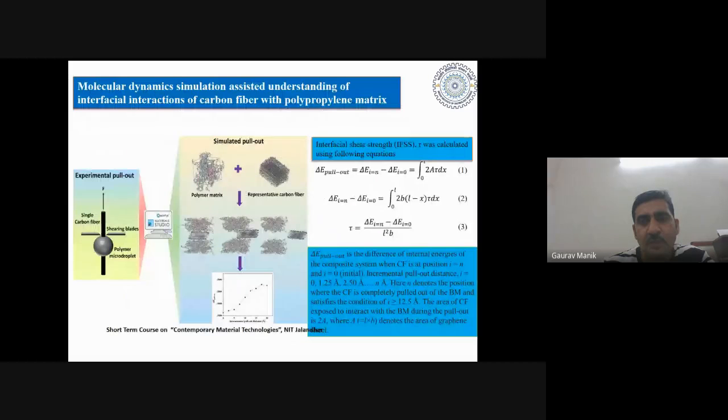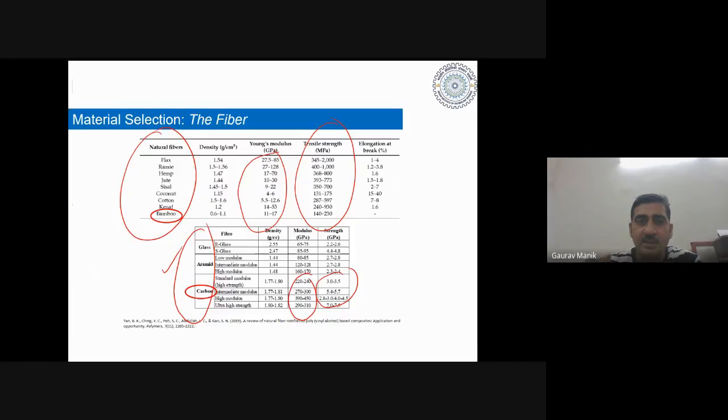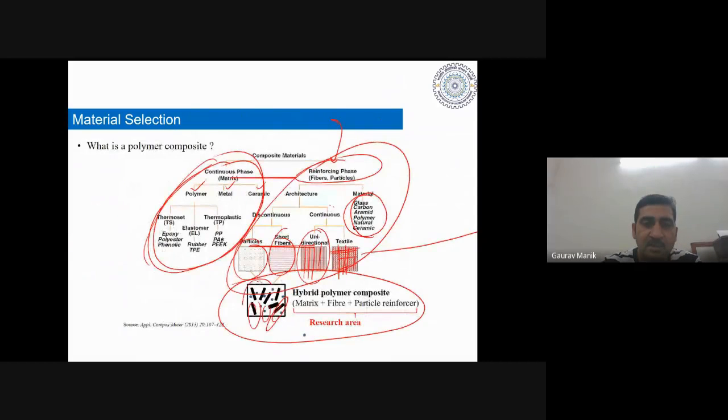What we show over here is that there is an experiment performed wherein you try to find out how strongly these carbon fibers, or any of the fibers, are present in the matrix. How strongly are these fibers actually present in the base matrix?